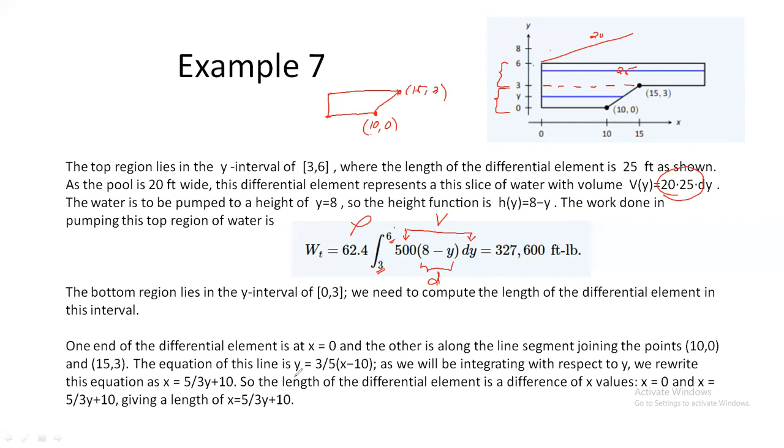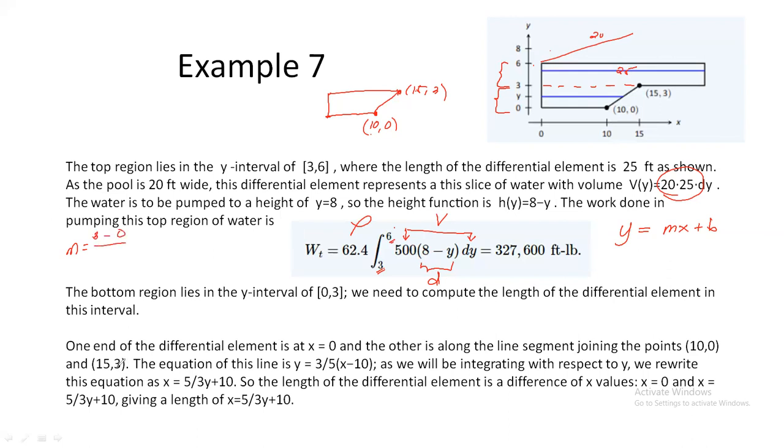Now, how do we find the equation y equal to mx plus b? You need to have the m. And what is the m? You have these two sets of points: 10, 0 and 15, 3. So in terms of y, you can start with this one: you will have 3 minus 0.